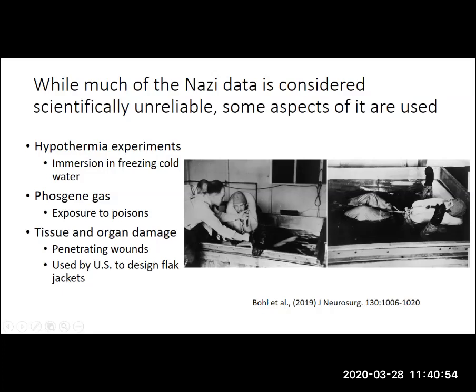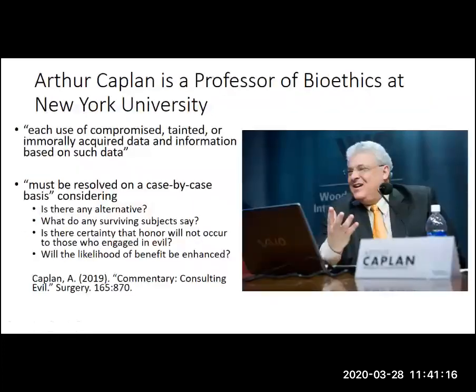It was used by the United States to design flak jackets, in essence, to design body armor to protect the soldiers wearing it from potential tissue or organ damage. So, even though there are huge ethical issues, some aspects of this Nazi data are being used in limited ways.